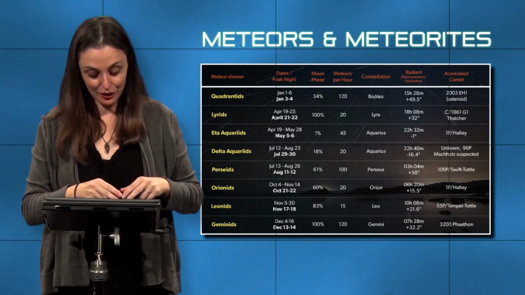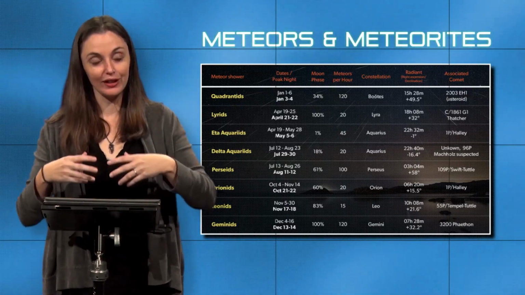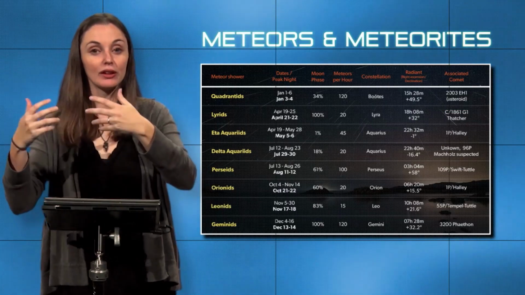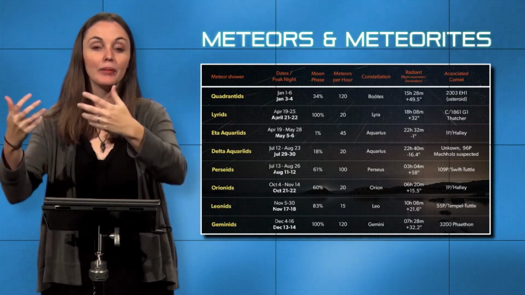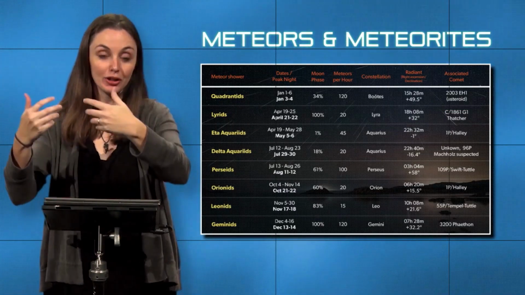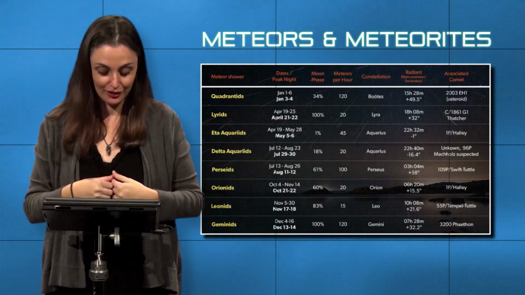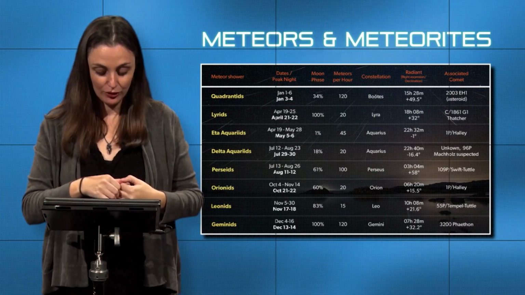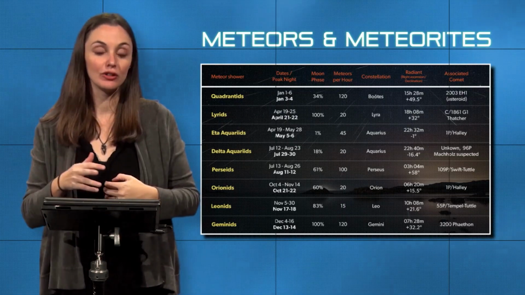The Perseid meteor shower, of course, is the meteor shower. The incoming objects are actually coming from Perseus, the constellation Perseus, and that's most visible between around August 11th or 12th.